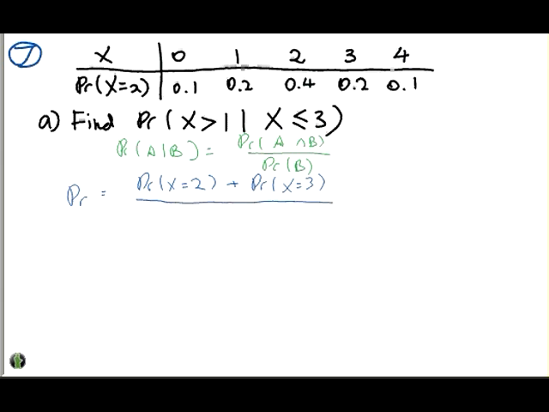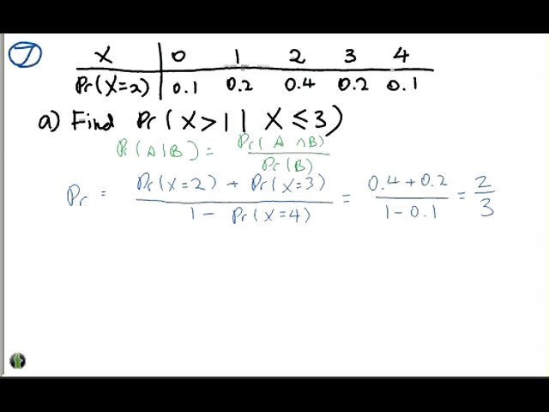The probability of B is the probability that x is smaller or equal to 3, which is everything except 4. So you can just do 1 minus the probability of x equals 4. Excellent. And so you just simplify that out. The probability of x equals 2 is 0.4, plus the probability of x equals 3 is 0.2, over 1 minus 0.1, which gives you 0.9, and all of that comes out as 2/3. Done. Part A, very simple.